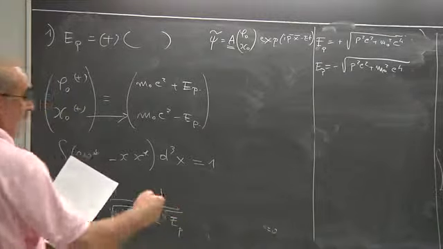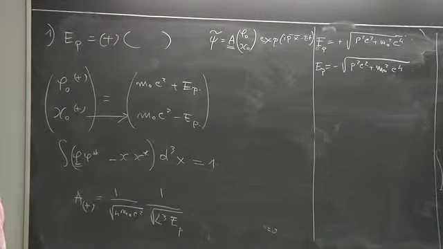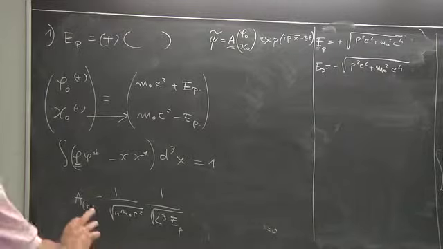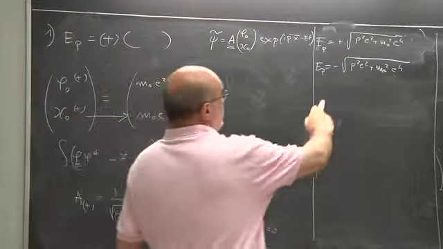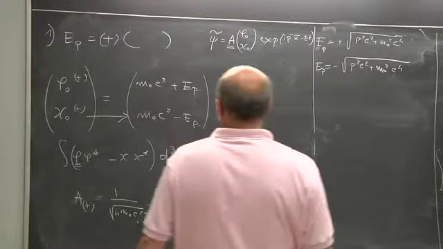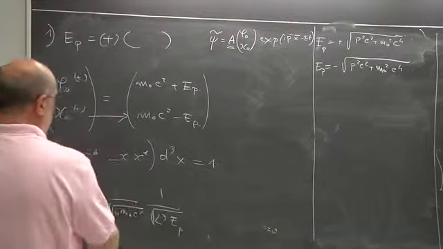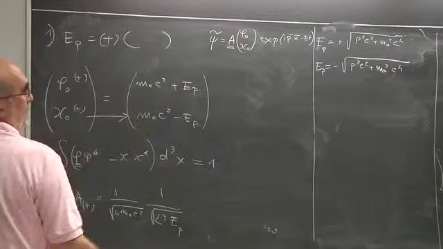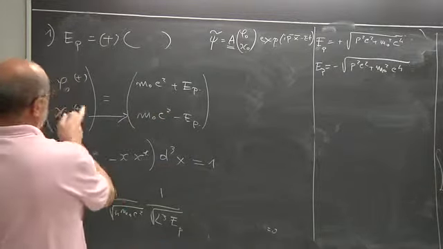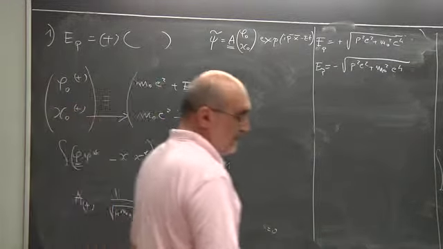L cube is the size of the box in which we are. Okay, so now we have determined everything, at least for the case in which we choose the positive branch of the two energies. This is the expression of A plus, and we have the expression of this, and this is modulo, of course, the freedom that I have in choosing one of the two components.